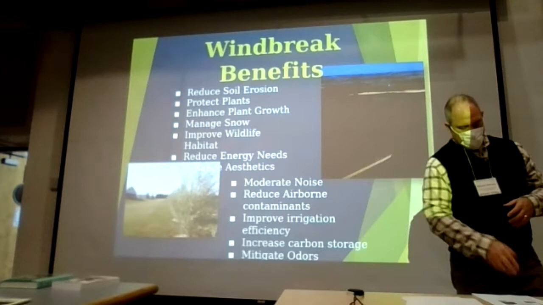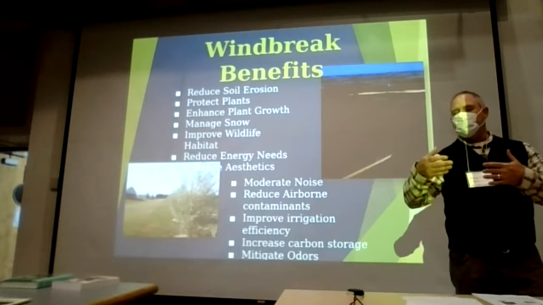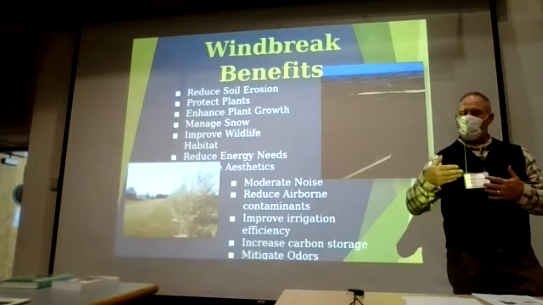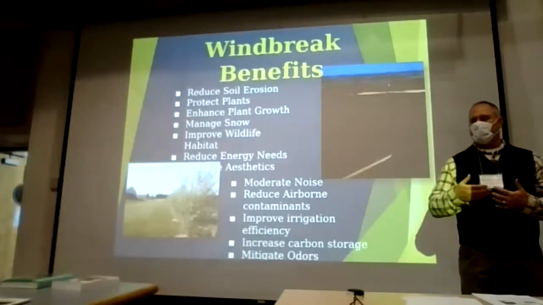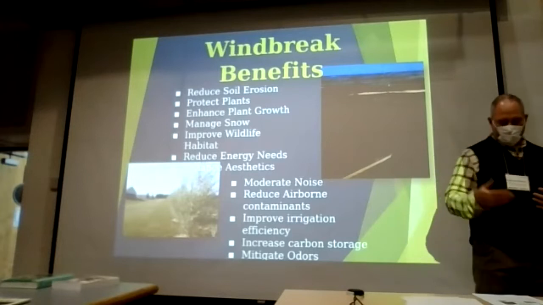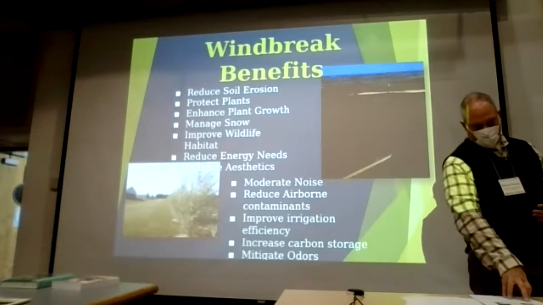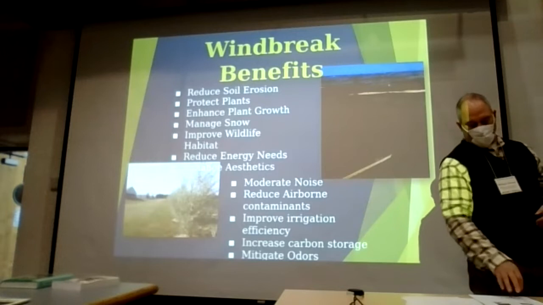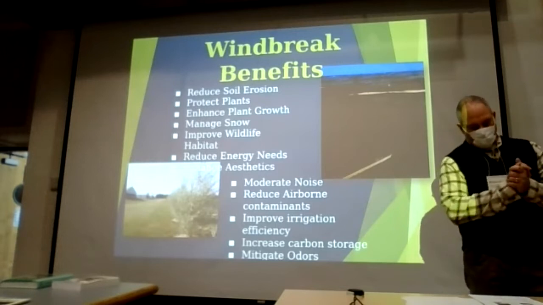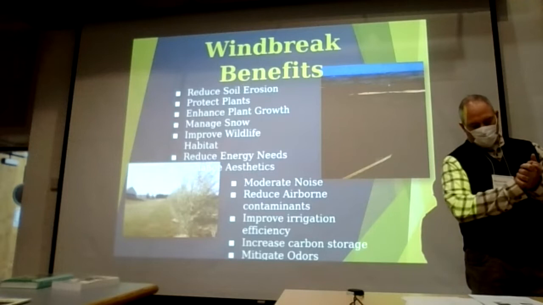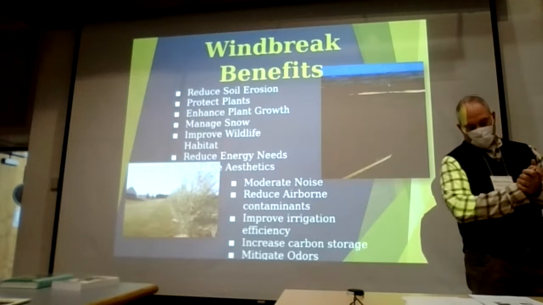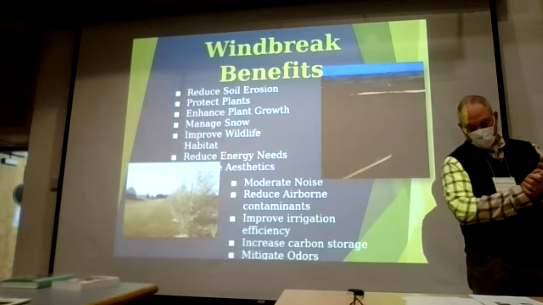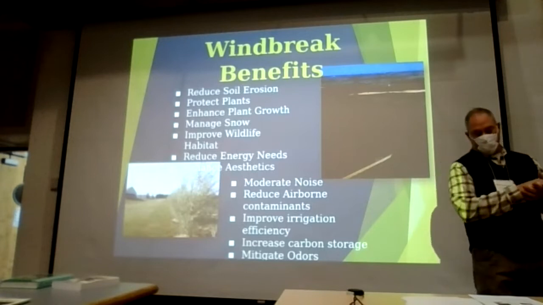So for instance, crop yield increases. Mind you, these yield increases are also calculating that the land has been taken out of production as well. So this is on top of the land being taken out of production. For corn in a windbreak system, you're looking at a 12% increase in yield, barley 25%, hay 20%, soybeans 13%, winter wheat 23%, and spring wheat 8%.